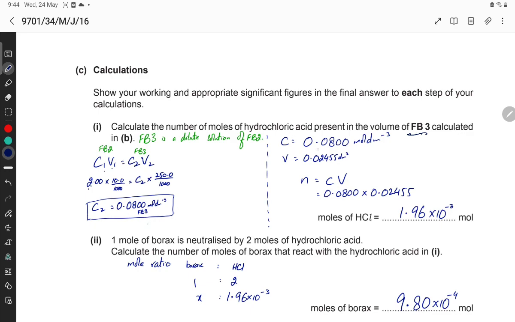Now, use this concentration to calculate the number of moles of HCl in FB3. The volume is 0.02455 dm³, and you should always be particular with significant figures, taking 3 to 4 significant figures in this calculation.